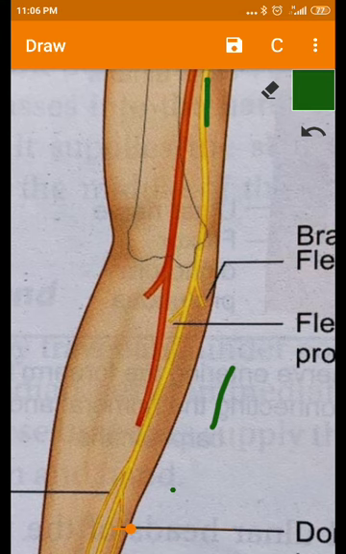This arcade of Struthers is present about 8 centimeters proximal to the medial epicondyle on the posterior aspect.